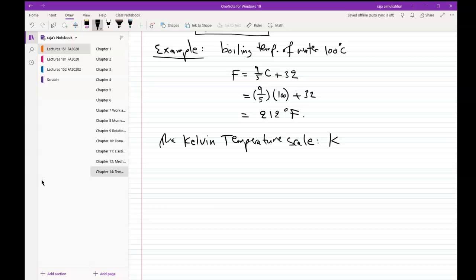And basically, the relationship says that the temperature in Kelvin, I'm going to call it T sub K, is equal to the temperature in Celsius plus 273.15. Okay, that's basically the formula for it.